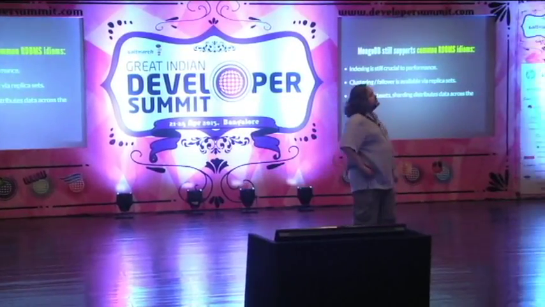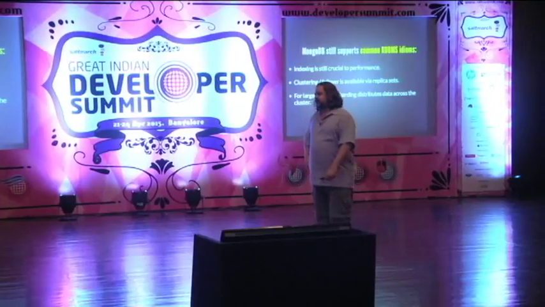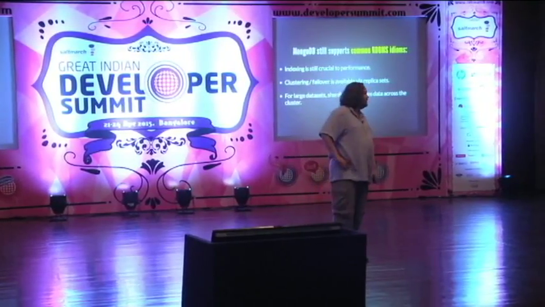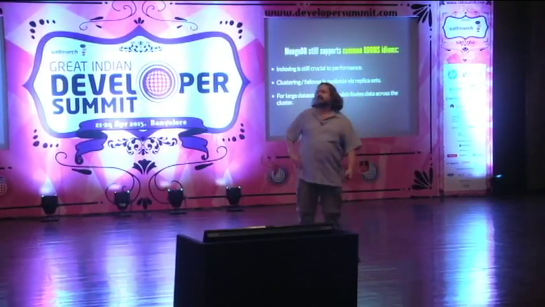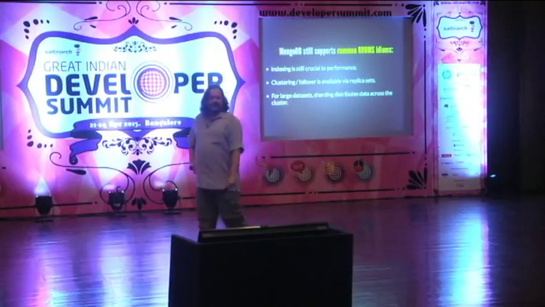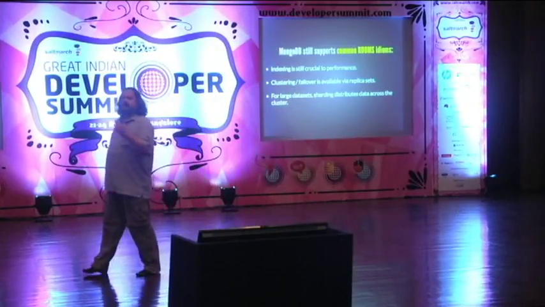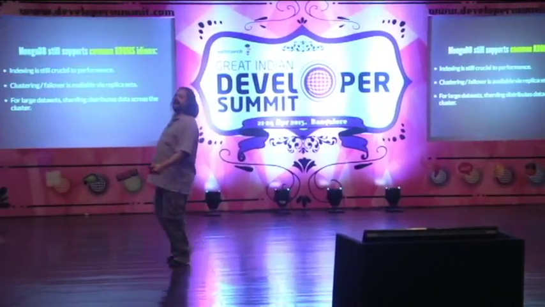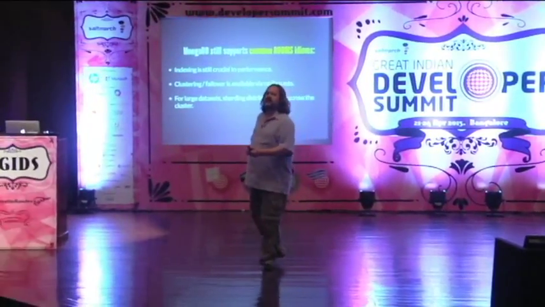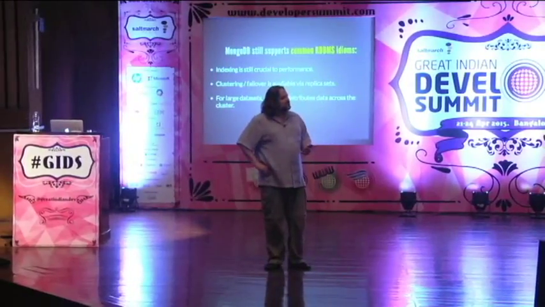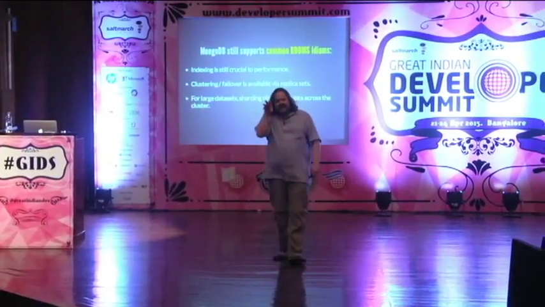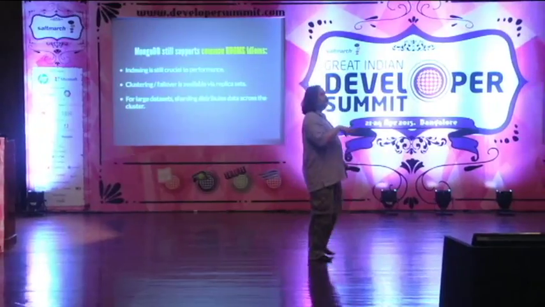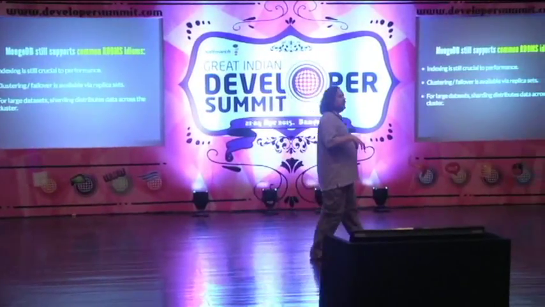But some of the things are the same regardless of what you're doing. You're going to have indexes if you want it to be performant. MongoDB supports indexes just like Oracle does. MongoDB supports clustering and failover just like Oracle does. Sharding is available to you in Mongo just like in your other databases. So you begin seeing here that each one of these tools has strengths and weaknesses.